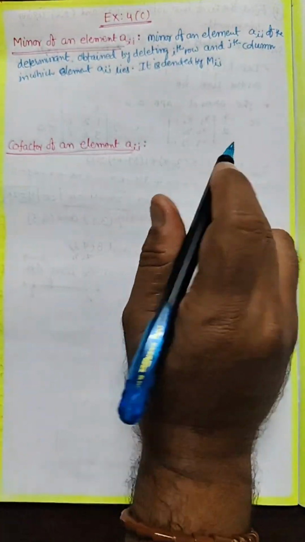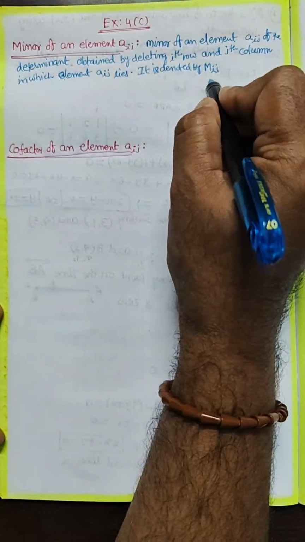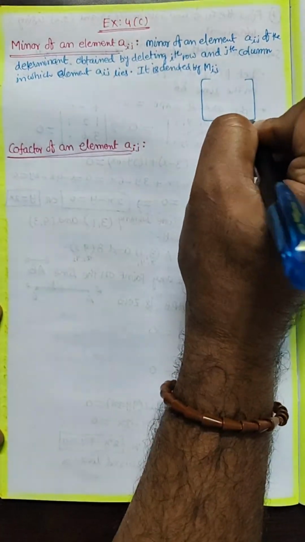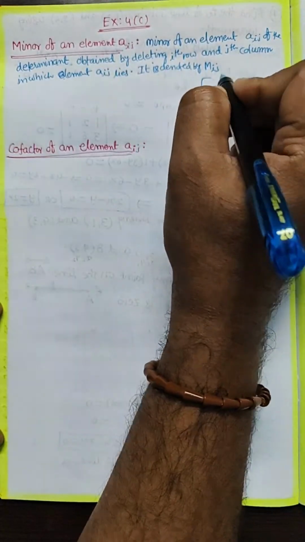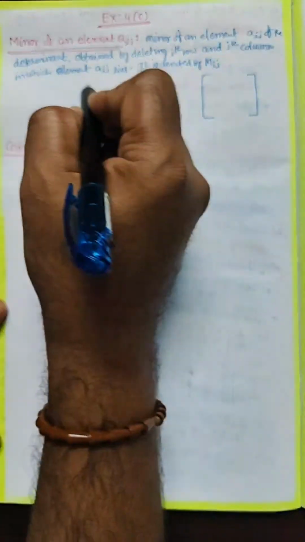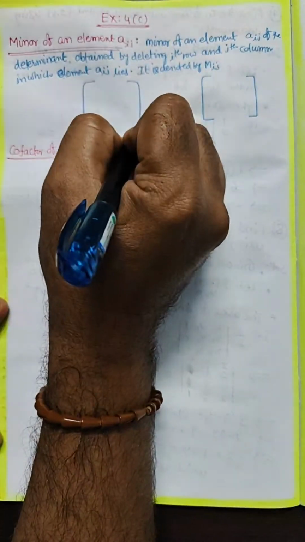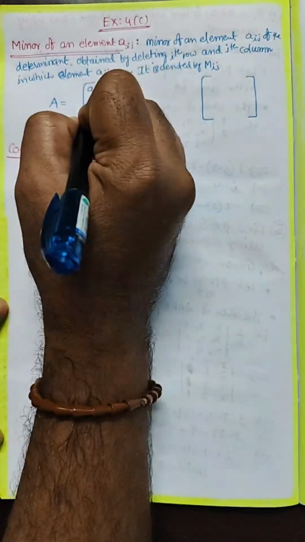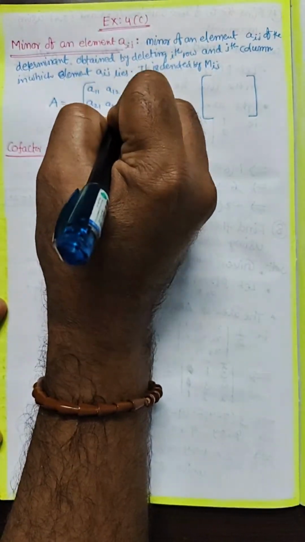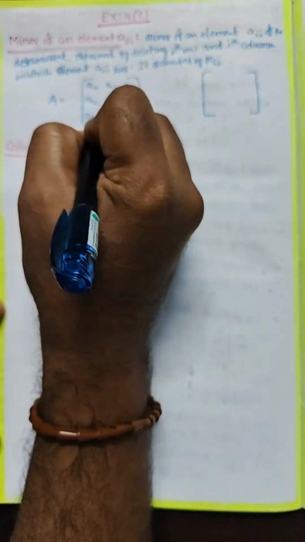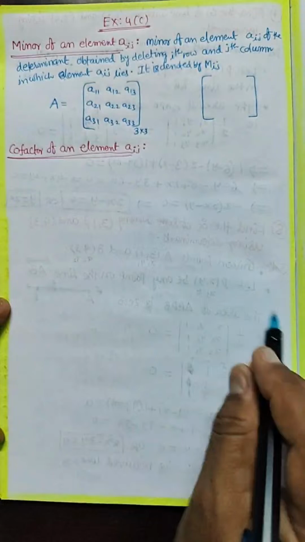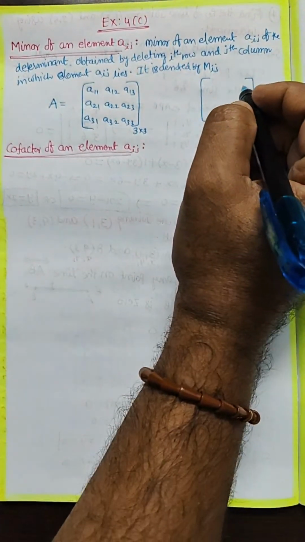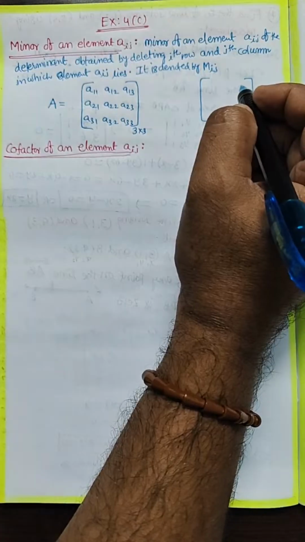See how we are going to do it. We'll take a 3 by 3 matrix, dear students. Here, this is capital A: A11, A12, A13, A21, A22, A23, A31, A32, A33.